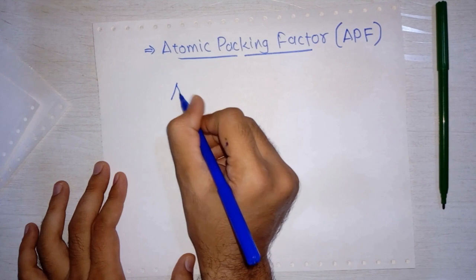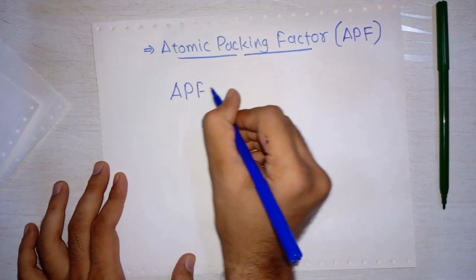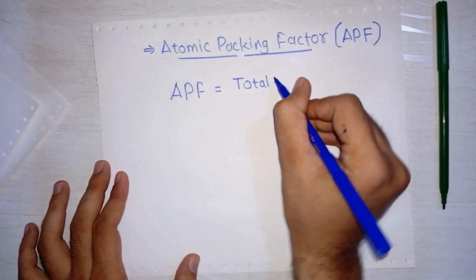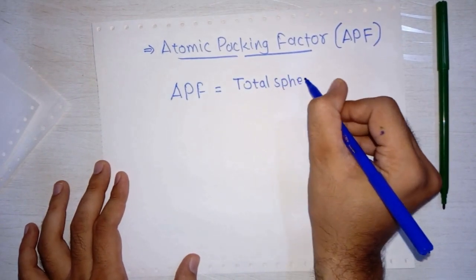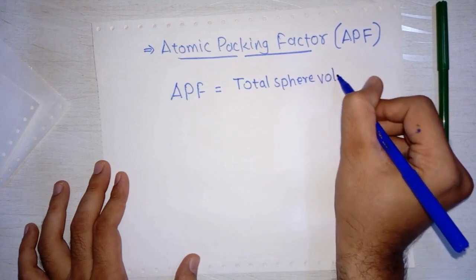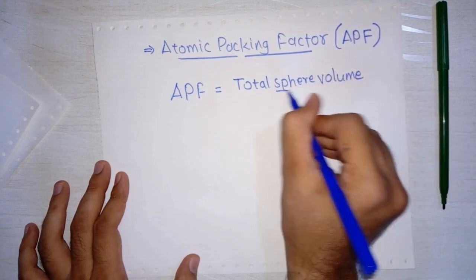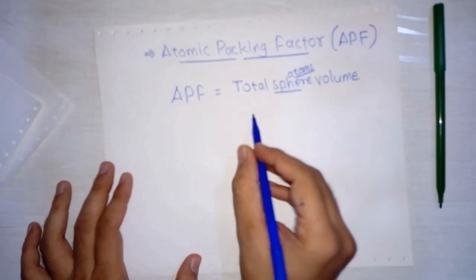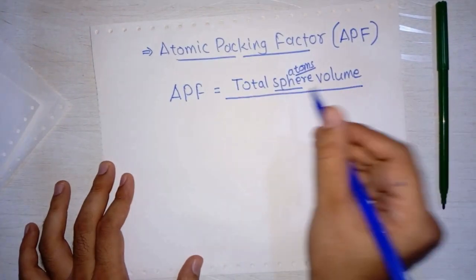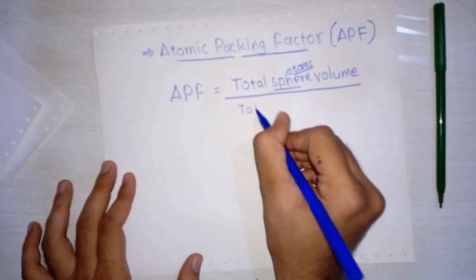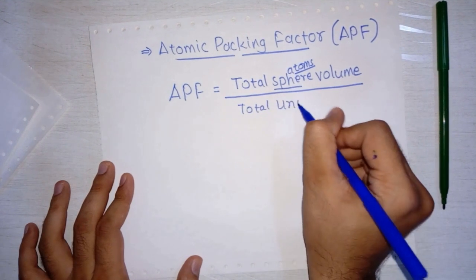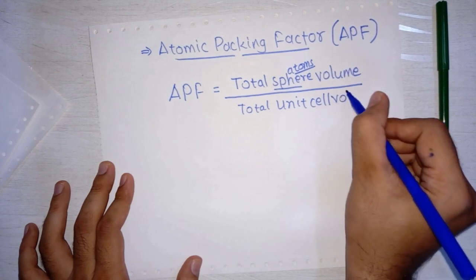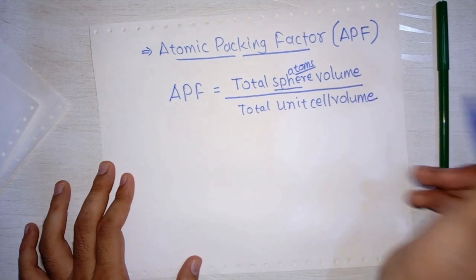So what is the definition of APF? APF is total sphere volume, that means over here we can read it as total atoms volume divided by total unit cell volume.